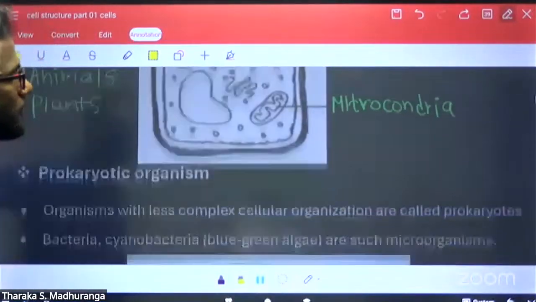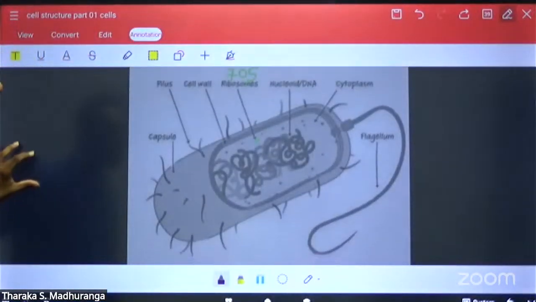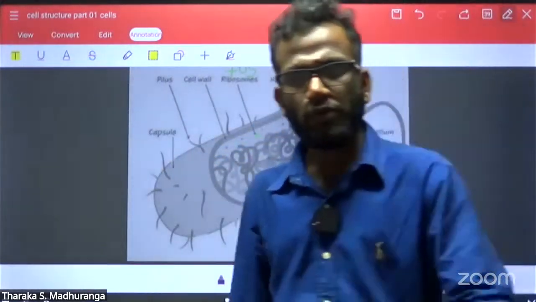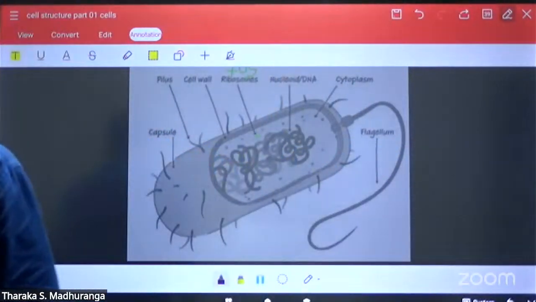Okay, that's the basics of cell structures. Any doubt in cell structure? Please ask. Now I'm going to move to the second part. Any doubt?